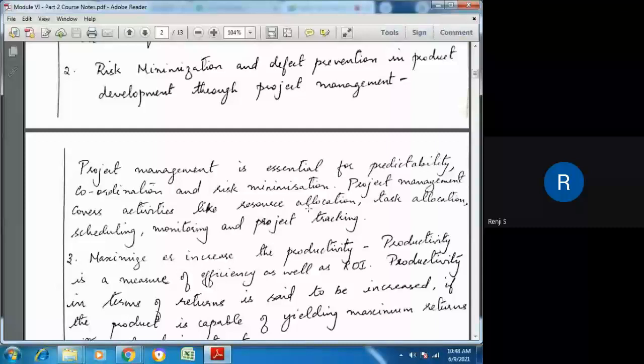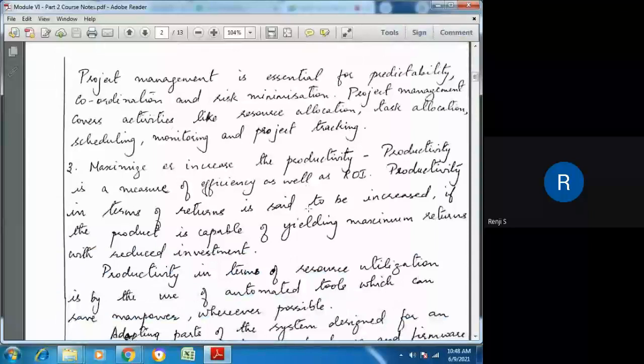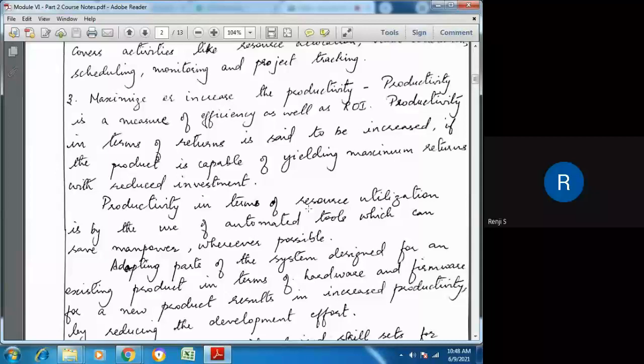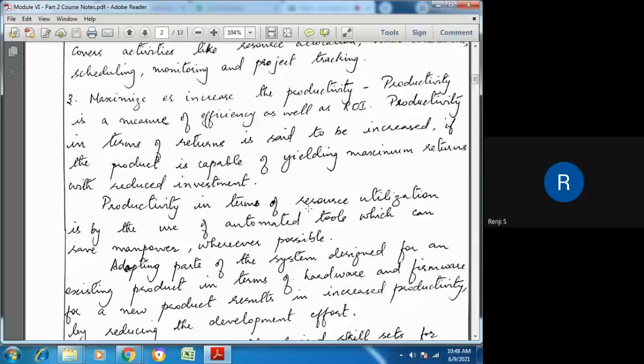Then the third objective of EDLC is to maximize or increase productivity. Anybody entering the business tries to increase their productivity to the maximum, so that they get good ROI. The return on investment will be high. This ROI is also a measure of efficiency, and productivity in terms of returns is said to be increased if the product is capable of yielding maximum returns.